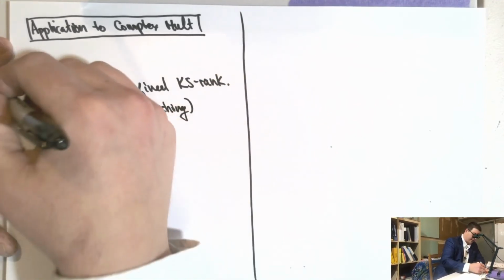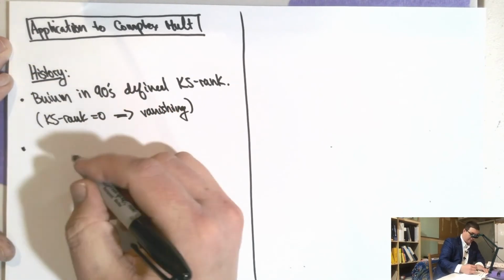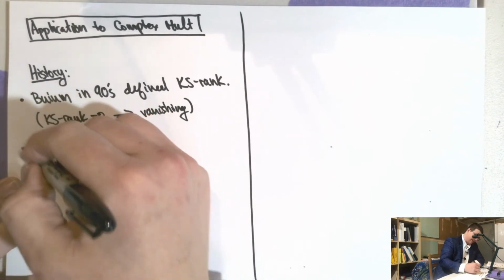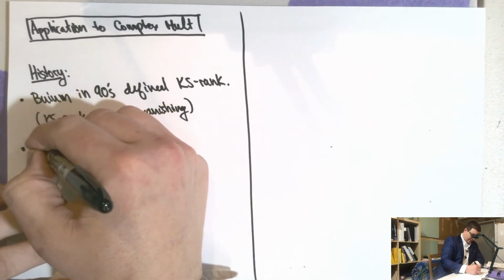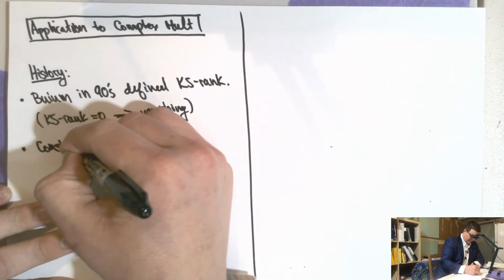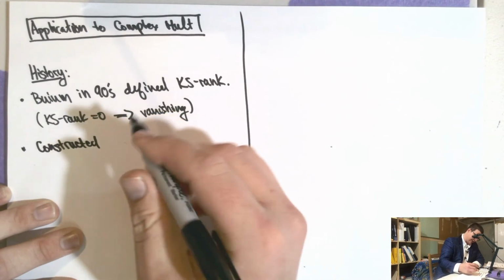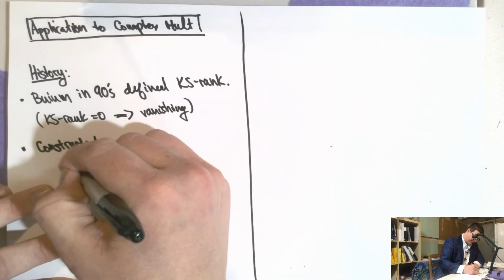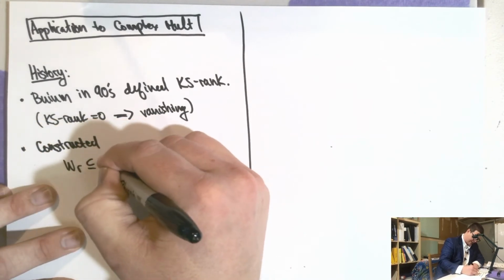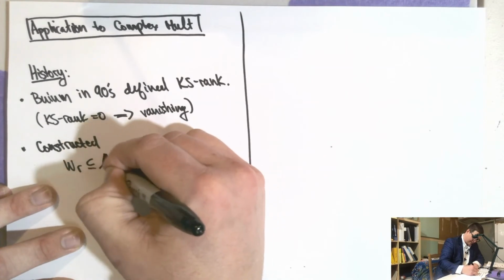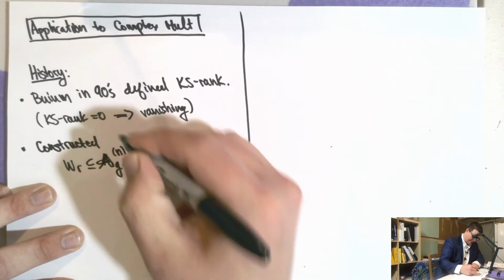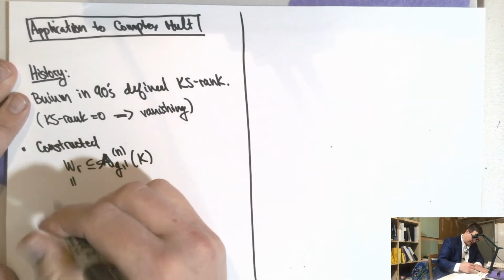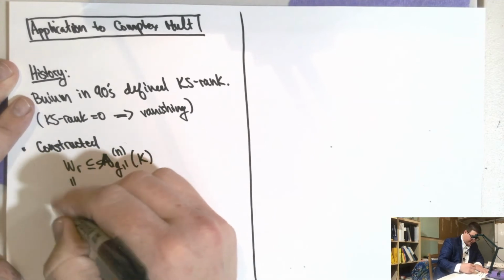Okay, and what he was able to show was that he constructed differential algebraic sets W_r. This is a subset of the moduli space of principally polarized abelian varieties with level structure. So this is a differential algebraic set, so differential equations, right?